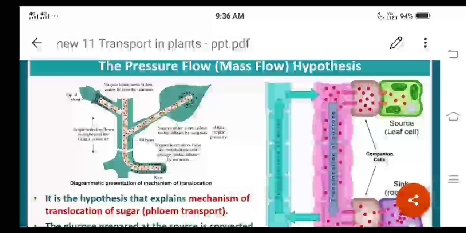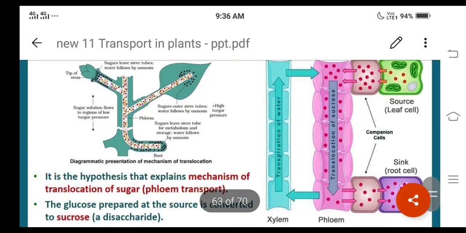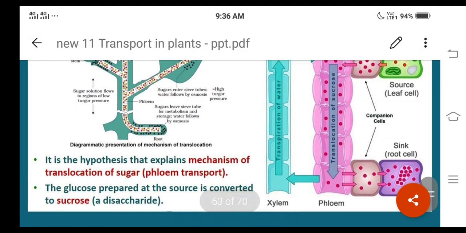In the xylem, what they have highlighted here is the transportation of water. It means in xylem always water will move. On the other side is the phloem, next to the xylem.